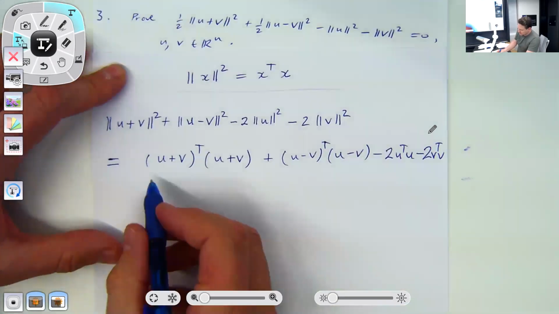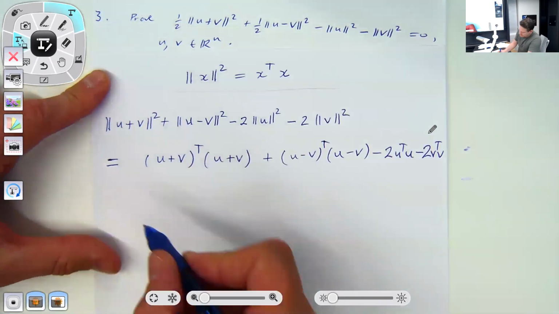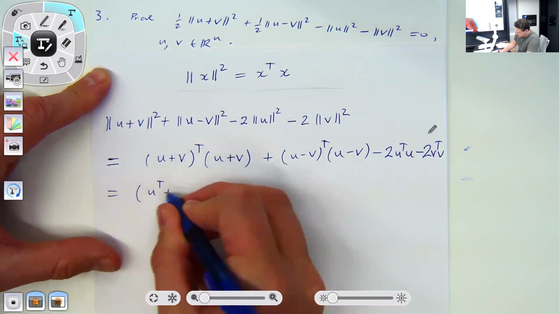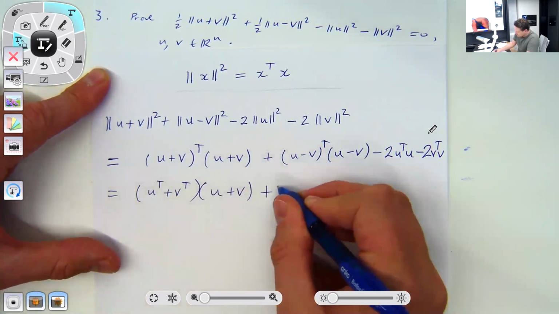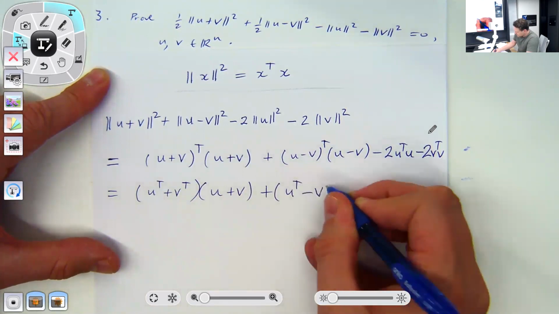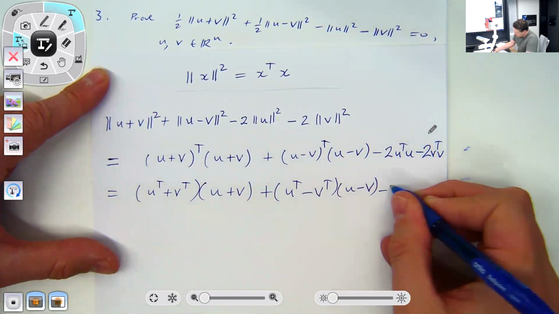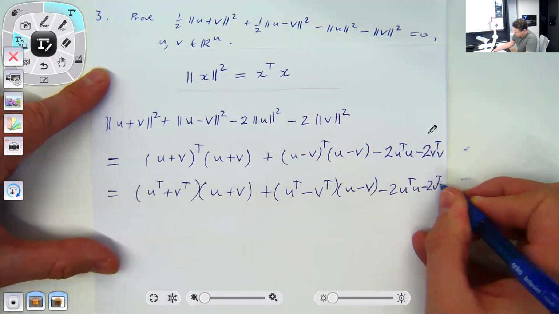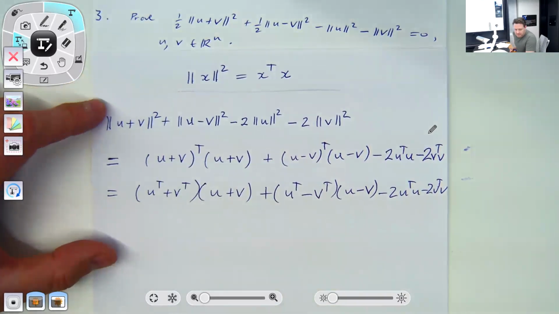Okay, now we'll expand these, but before we do, we need to put the transpose inside the brackets, all right? So we have (u transpose plus v transpose)(u plus v), and then (u transpose minus v transpose)(u minus v), and then I'll just rewrite these two. All right, good. And now we just expand.